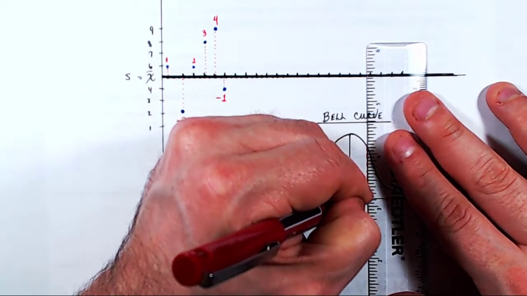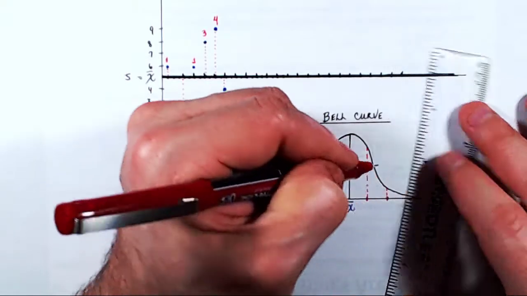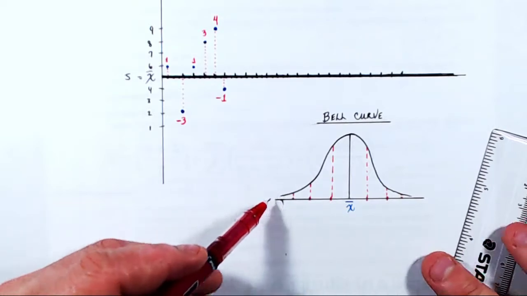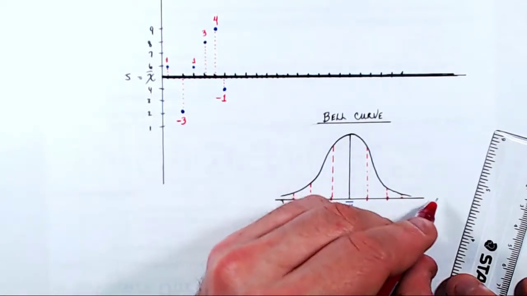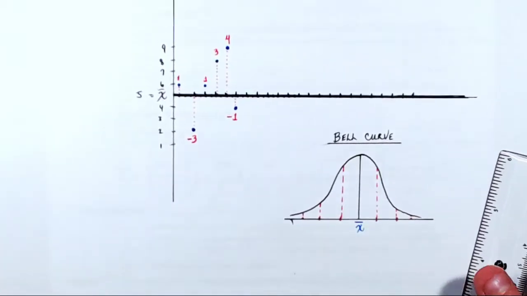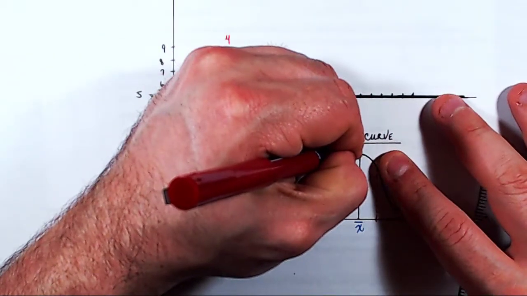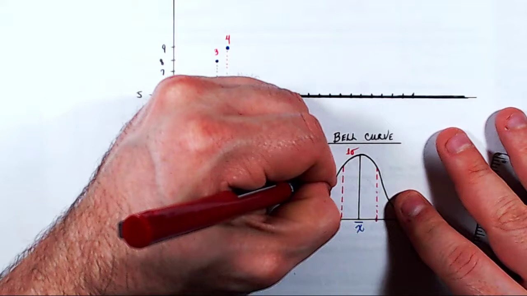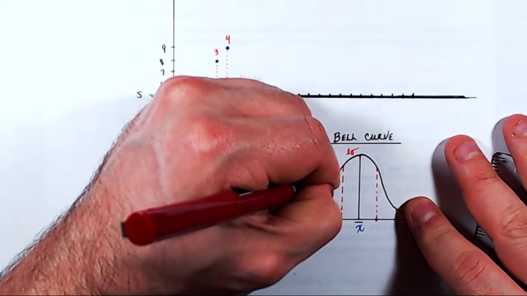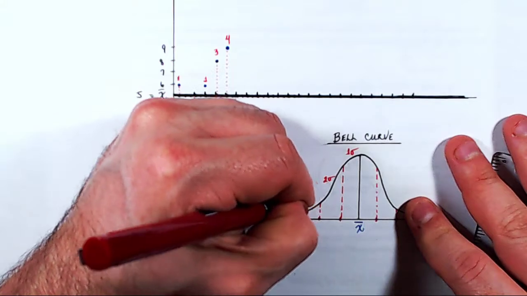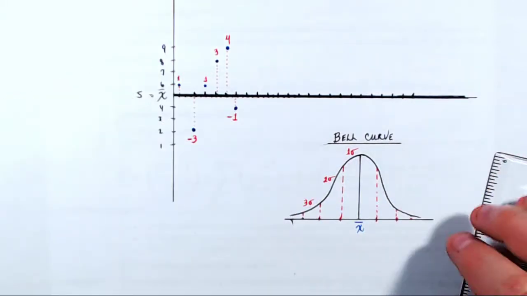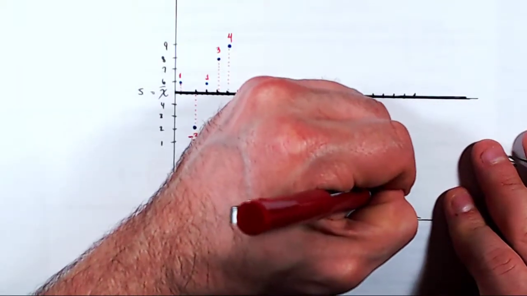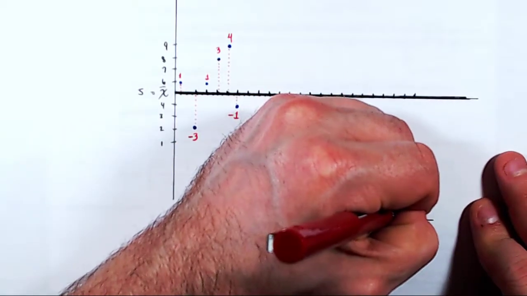Notice that with that third standard deviation, there's still a little tail coming off the end of the bell curve that's not accounted for. But I'll write in that this is 1 standard deviation, or 1 sigma. This is 2 standard deviations, or sigma. This is 3 standard deviations, or sigma. Again, on the other side, 1 sigma, 2 sigma, and 3 sigma.